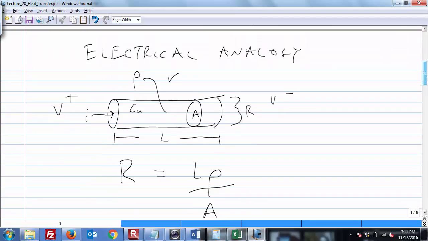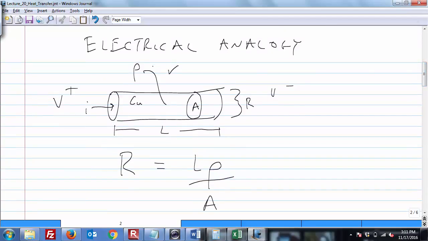So we know in an electric circuit, if we've got voltage across a wire, the longer the wire is, the more the resistance.